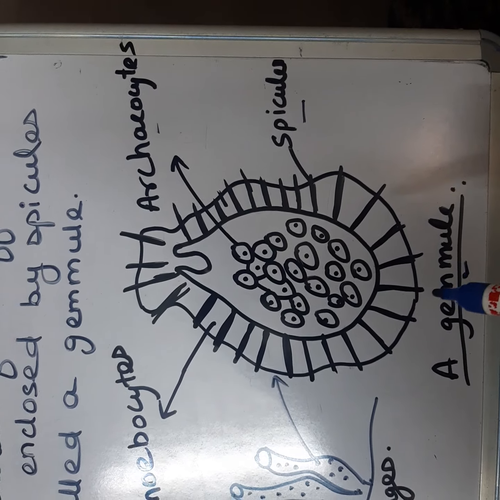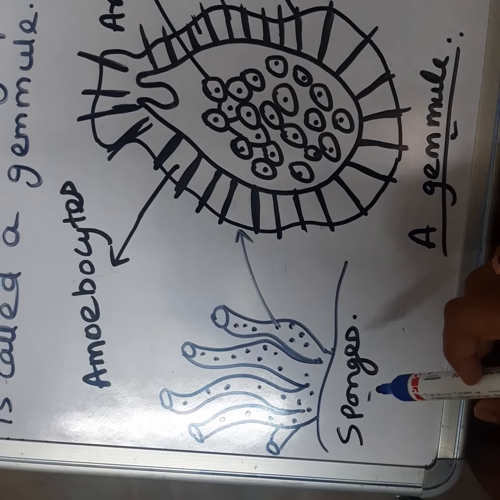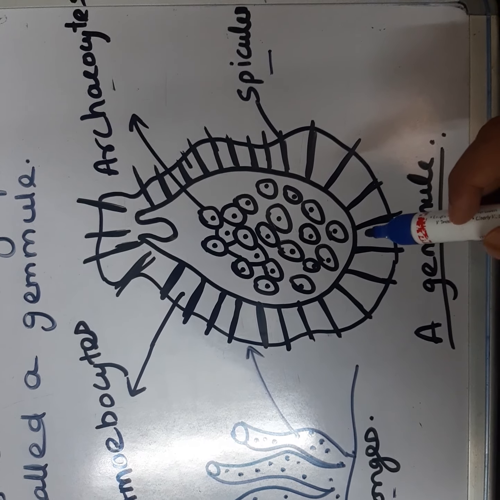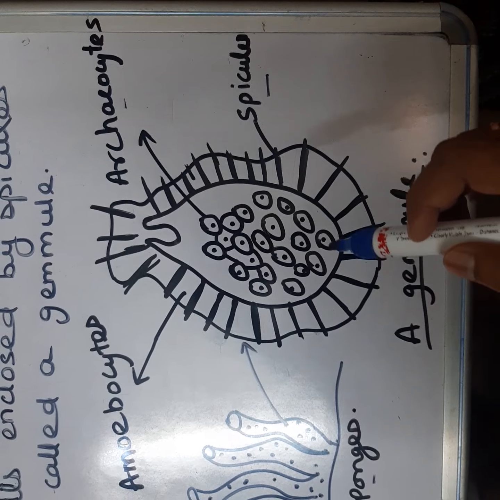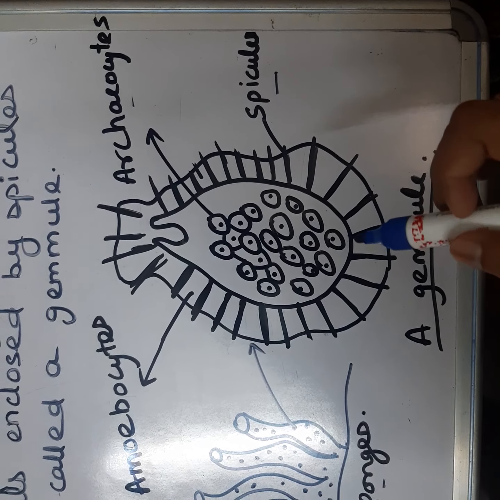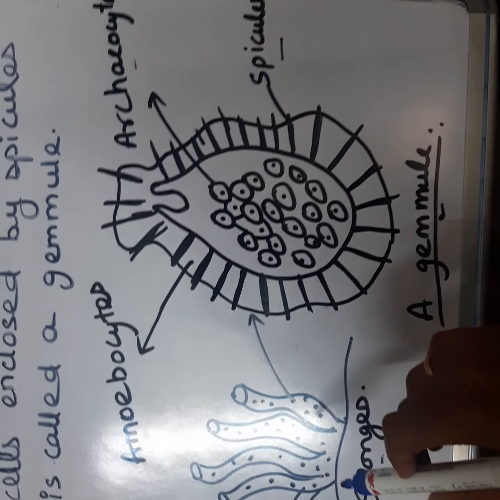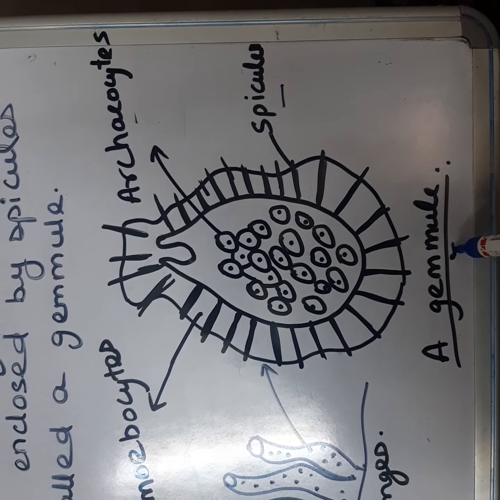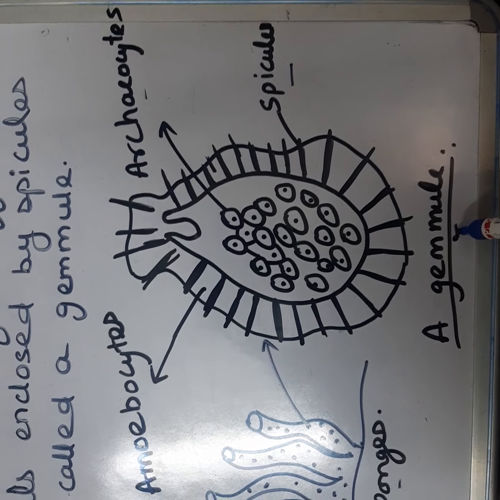Now, this gemule is formed by such sponges only in unfavorable conditions. Unfavorable conditions, as I have told, are the conditions which are not suitable for growth. In certain unfavorable conditions, the sponges form gemules for reproduction, and these gemules are spread.